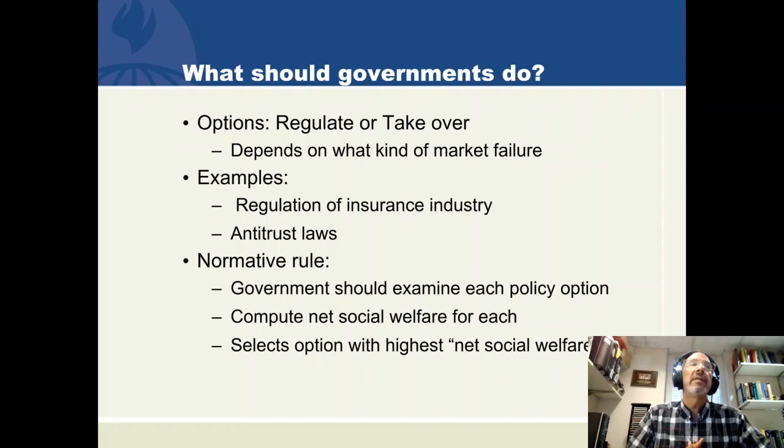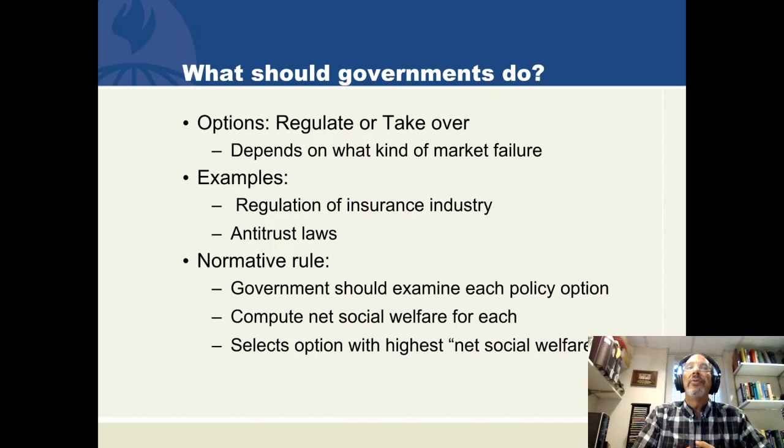And then pick the policy that gives the highest social welfare. That's the idea that economists have in mind when they talk about government intervention to try to make social welfare better.